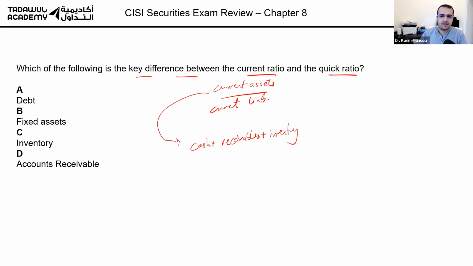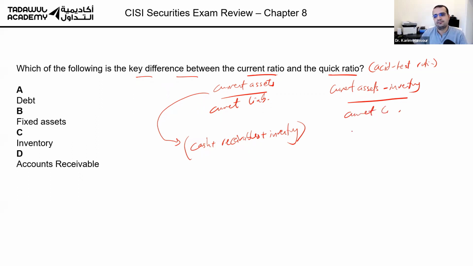So this is the current ratio. What's the quick ratio? Sometimes called the acid test ratio. It's the same thing, except it's the current assets minus the inventory. So the quick ratio is current assets minus inventory over current liabilities. So the difference between the current ratio and the quick ratio is the inventory.